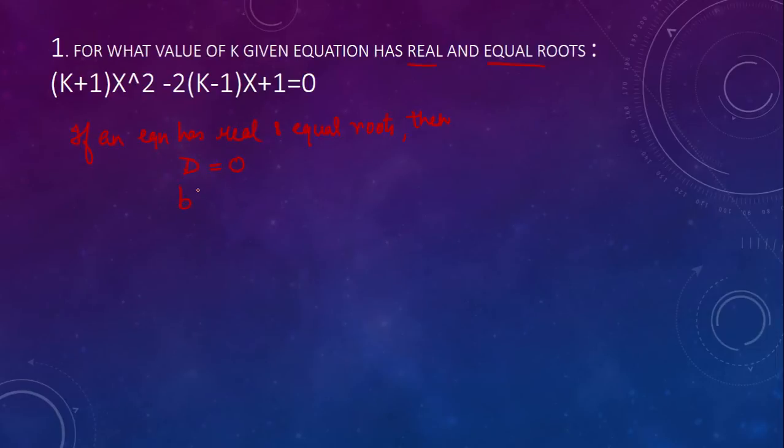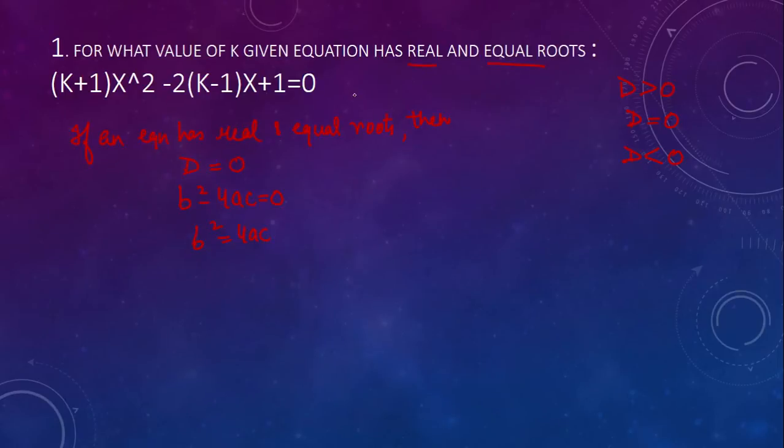So b square minus 4ac equal to 0, because you know that there are three cases. If d is greater than 0, then they have real roots. If d equal to 0, real and equal roots. And if d less than 0, then unreal roots or imaginary roots. So if an equation has real and equal roots, then d has to be 0. So b square minus 4ac equal to 0, b square equal to 4ac.